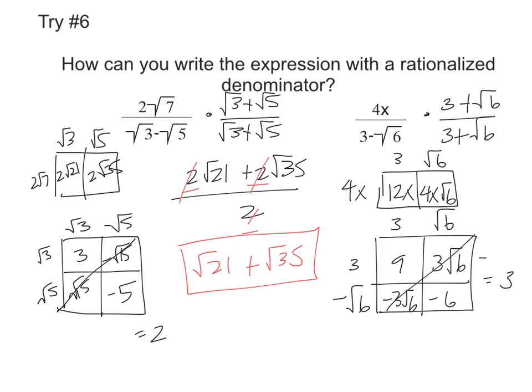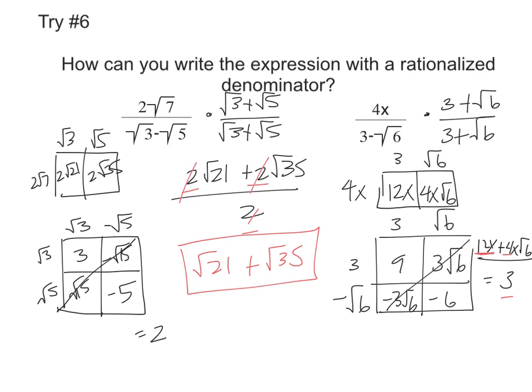And this is going to be over 12x plus 4x square root of 6. Ooh, I can't fit it. Try that again. 12x plus 4x square root of 6. All right, once again, 12, 4, and 3. Actually, that's it, because they can't be reduced by anything.